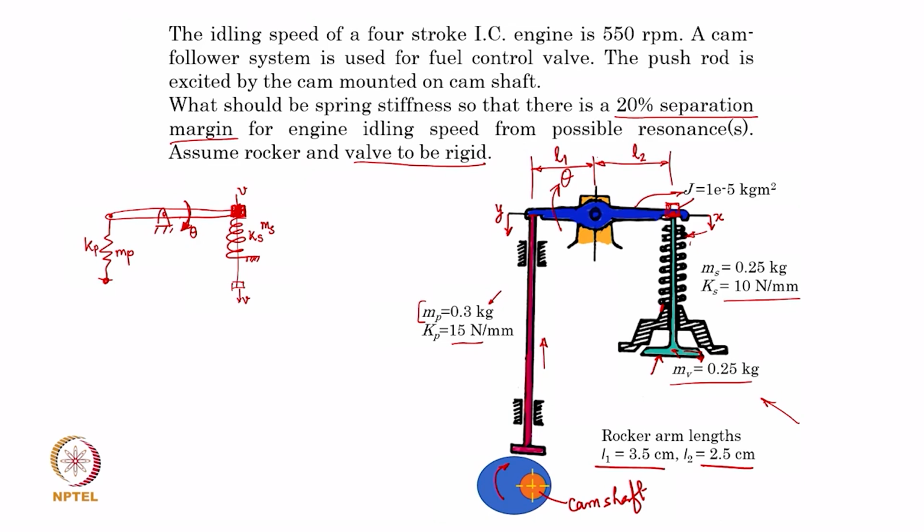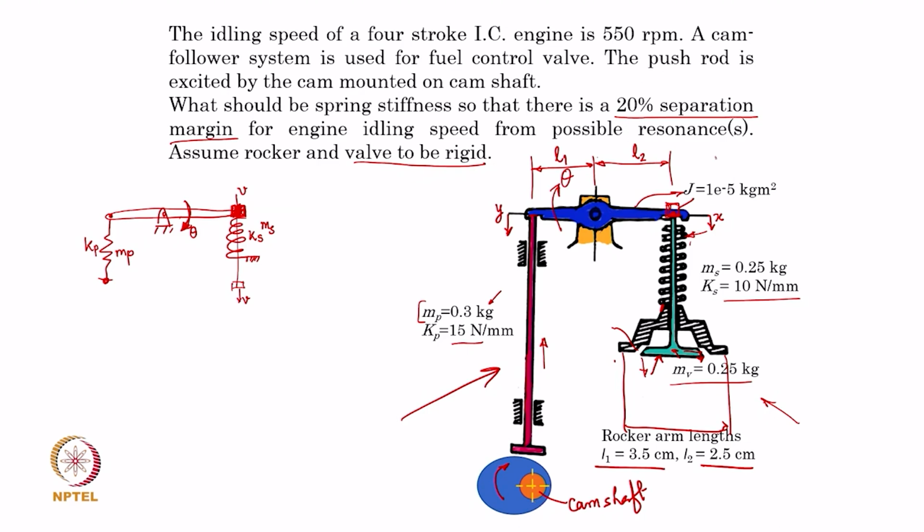So, what we have done is, from a physical rocker arm mechanism for operating the valve for letting the fuel into the cylinder, there is a cylinder over here, and through the opening of the valve the fuel is let in, and that opening of the valve is governed by the camshaft's operation.